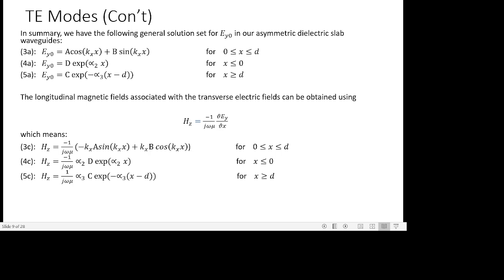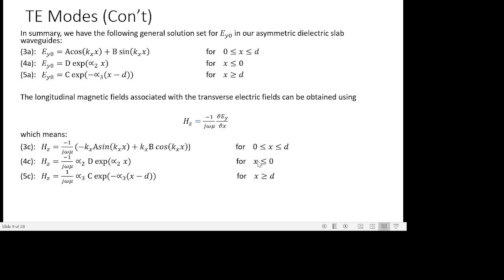So now we are going to use these relations and apply the boundary conditions. First of all, we are going to deal with the boundary condition for the core and substrate interface.